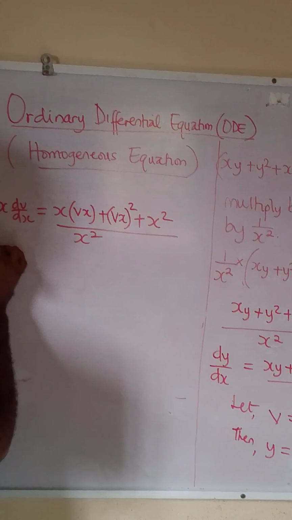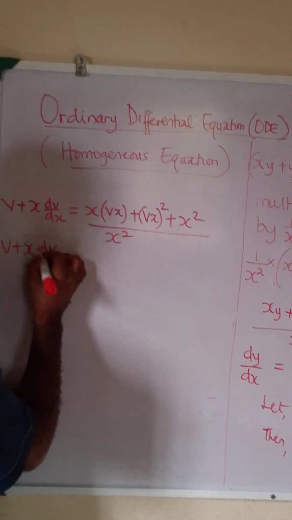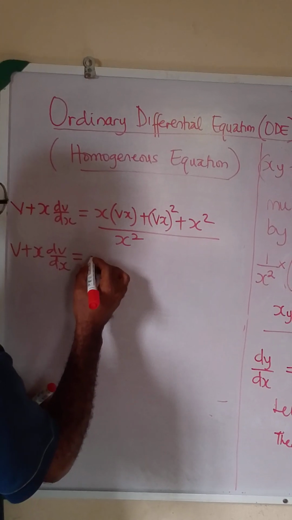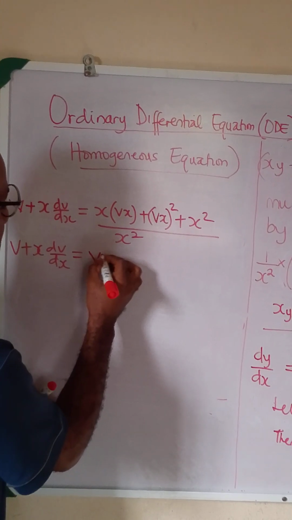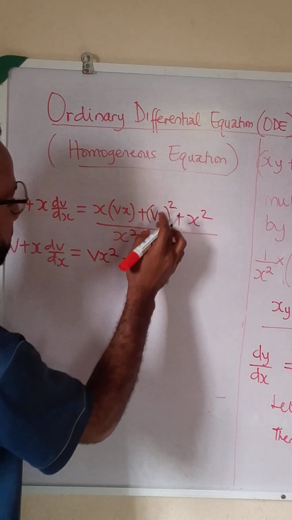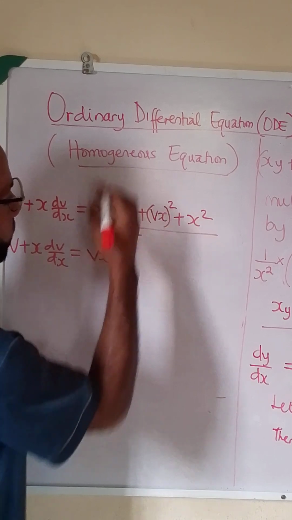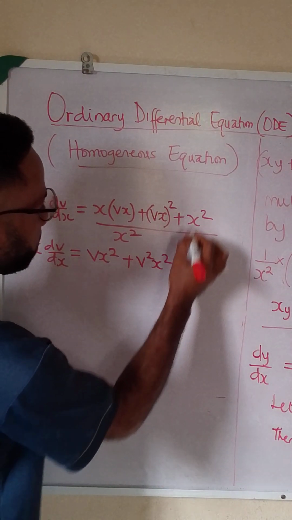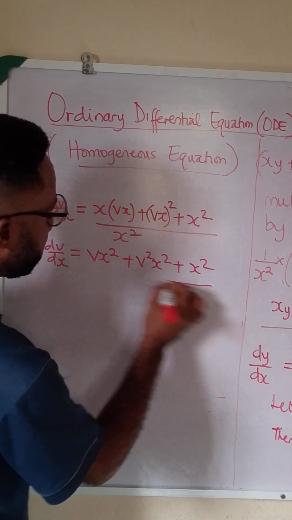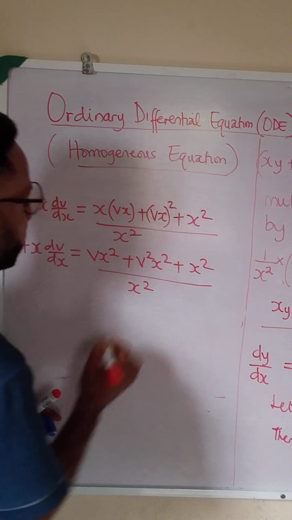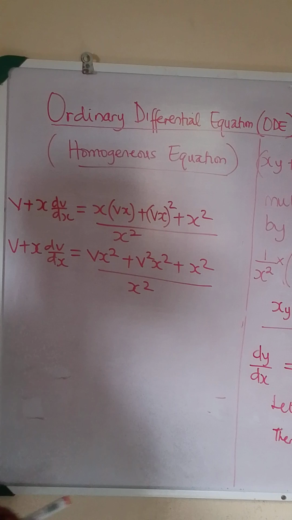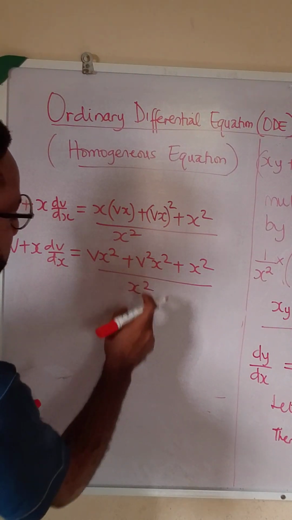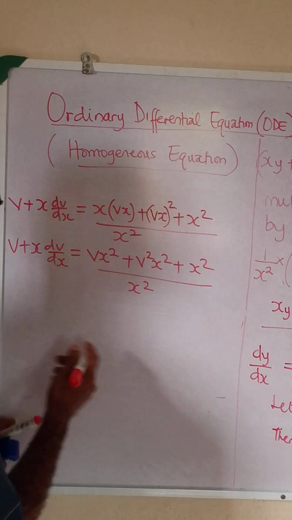And so we move on, v plus x dv/dx equal to x times vx will give us vx squared, plus vx all raised to power 2 will give us v squared x squared, plus we still have x squared here, divided by x squared. Now if you look at the right hand side of the equation, you observe that x squared is common here, is common here, is common here, so we can factorize.